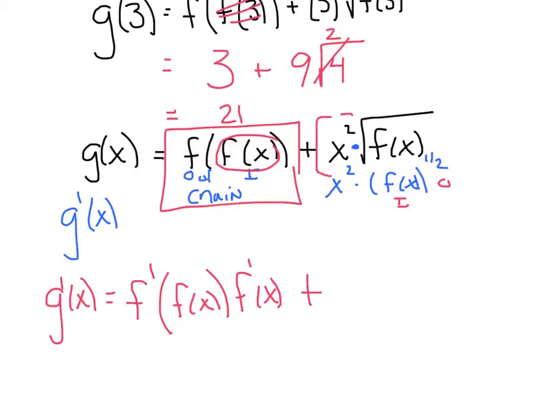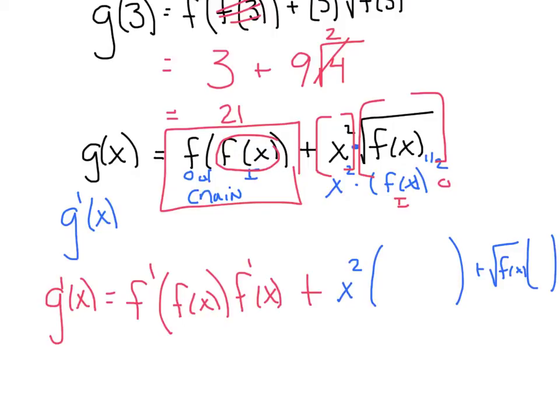I have x squared times this function. So I'm going product rule. So I'm going to say first term, x squared, times the derivative of the second. I'm just going to leave it blank for a moment, plus the second term, which is that square root of f of x, times the derivative of the first, which I'll leave blank again.